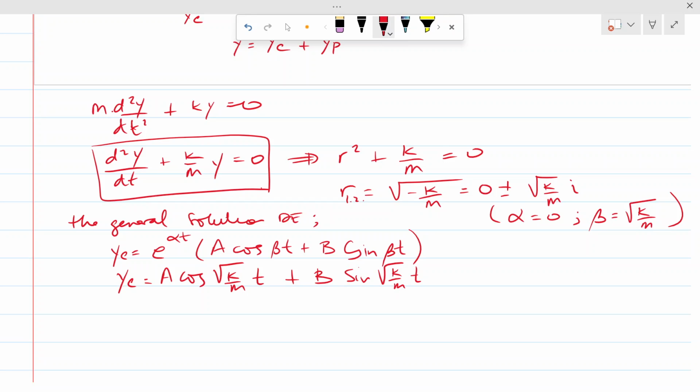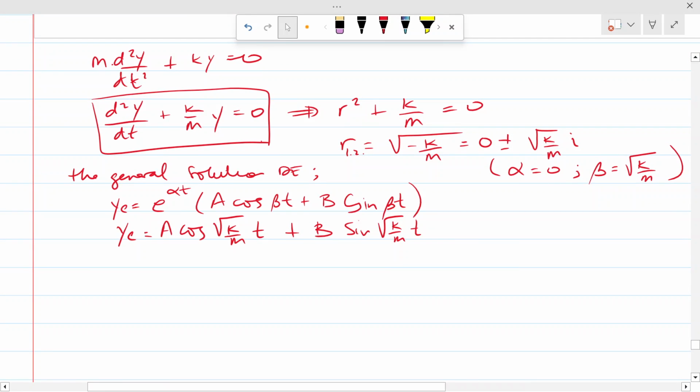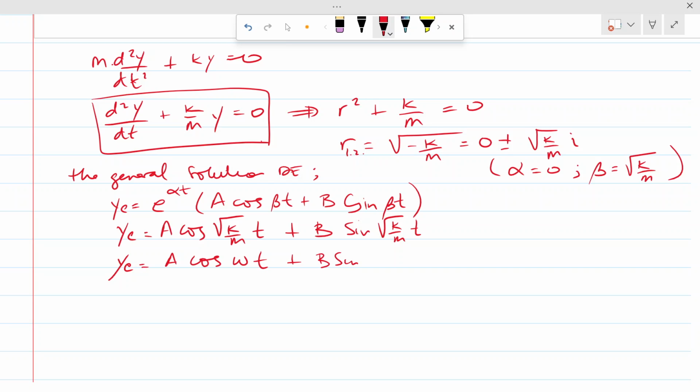At time 0 we can do that later, but let's look at the term on the right hand side before we proceed. The question also mentioned that the square root of k over m equals omega, so we can summarize this as a cos omega t plus b sin omega t.